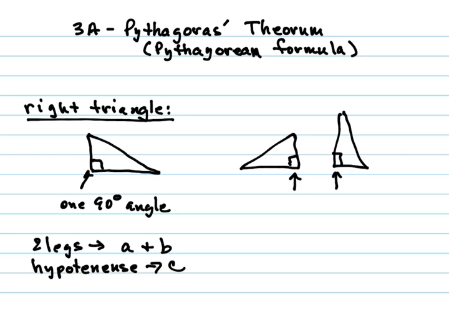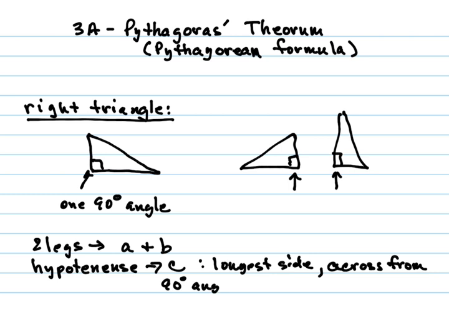And there are two ways to recognize it. The hypotenuse is the longest side, and it's always the one that's across from the 90-degree angle. So it's really easy to recognize. It's always straight across from the 90-degree angle.